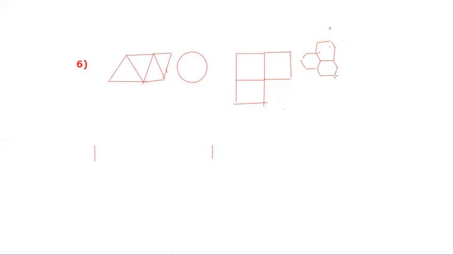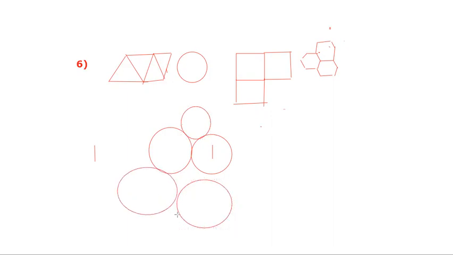But now look at the board. Here is a circle. If you draw another circle close to it, fine, no problem. But if you draw another circle here, and another circle there, what are you noticing?